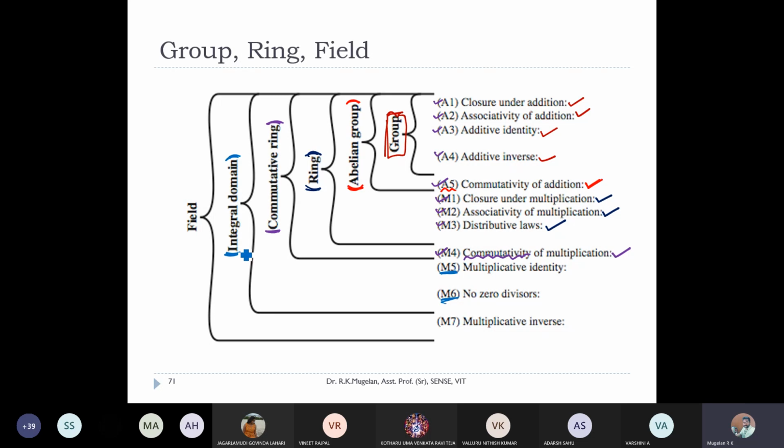Whereas a field will include addition with 5 properties, multiplication with all the 5 properties, along with multiplicative inverse, except that the zero element is omitted. Then it is called a field. So this is how group, ring and field are interrelated. I hope the group, ring, field concept is clear.